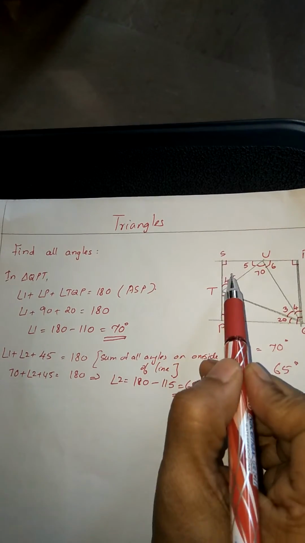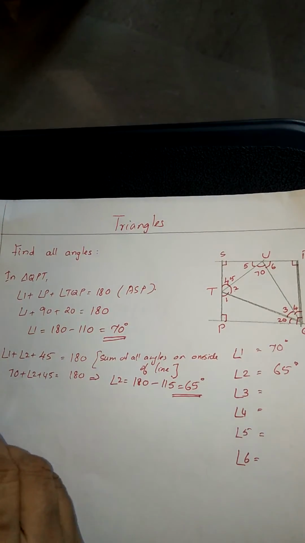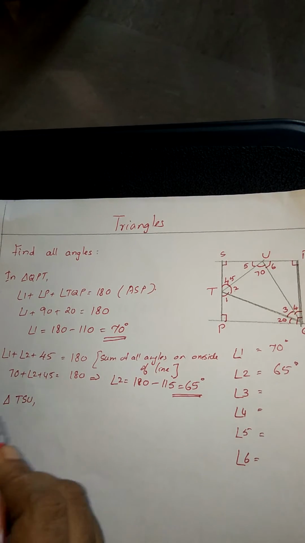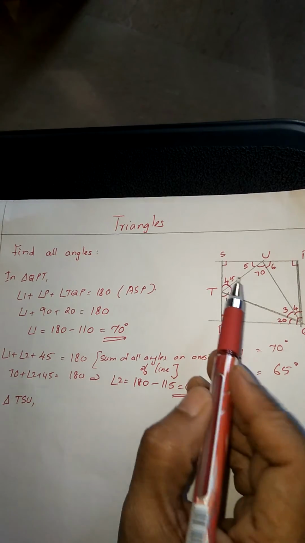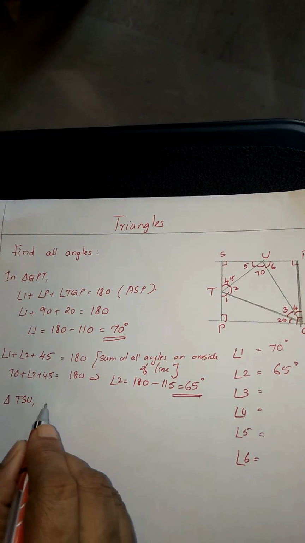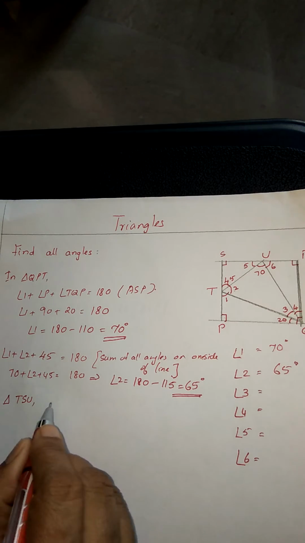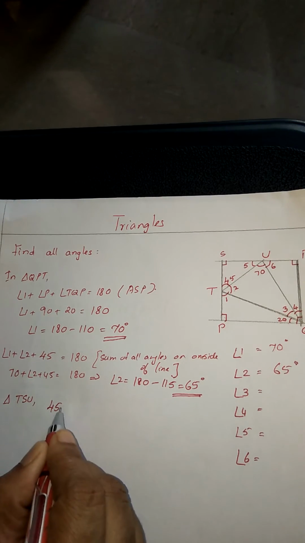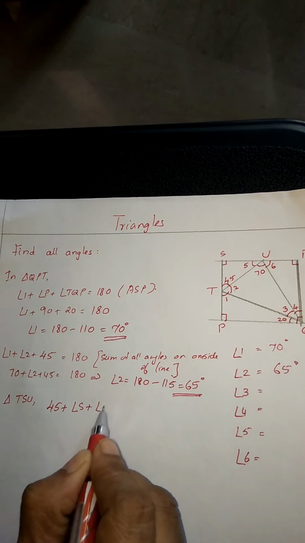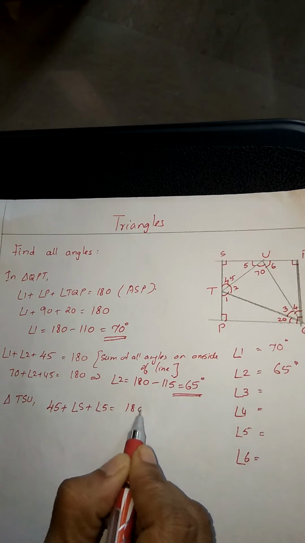Now we will go to this triangle. So in triangle TSU, this is 90, this is 45. So we have to find angle 5. So 45 plus angle S plus angle 5 is equal to 180.